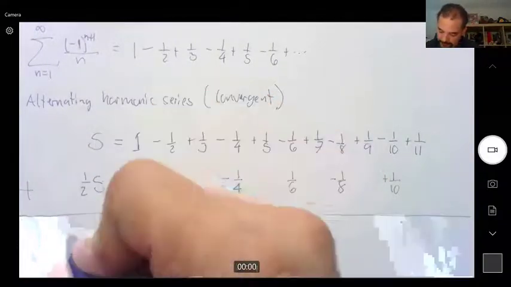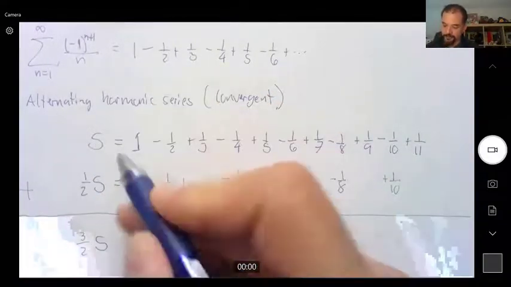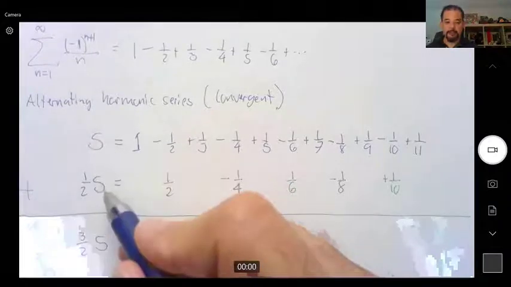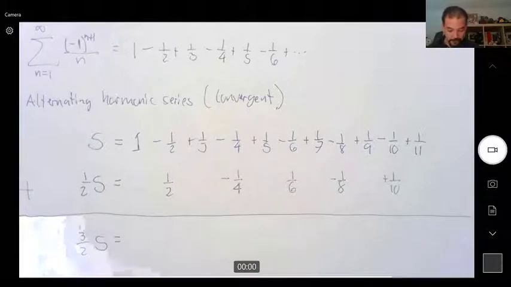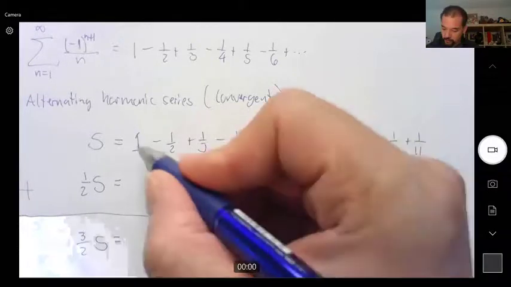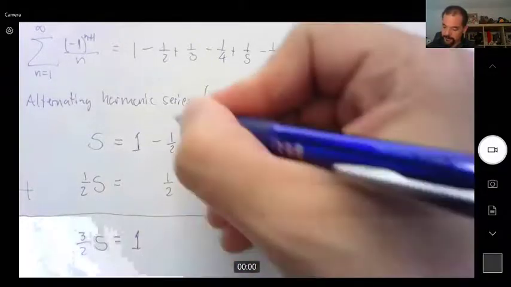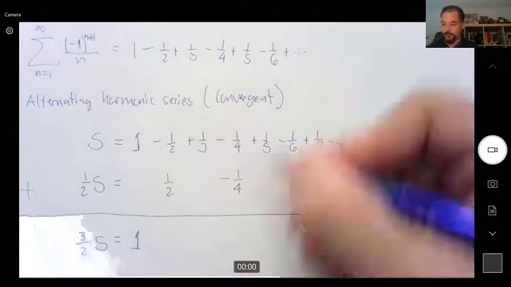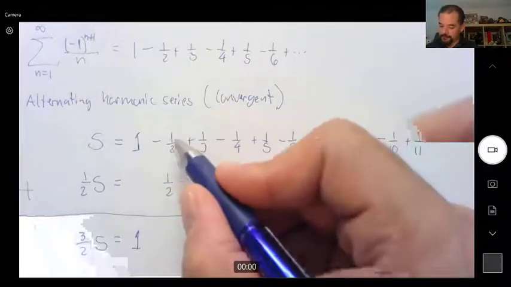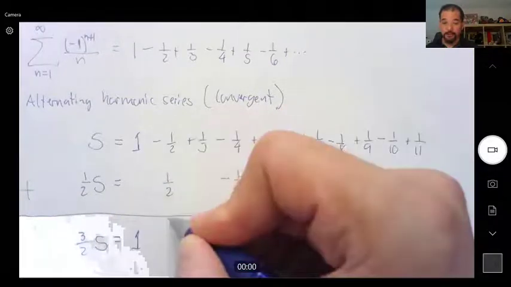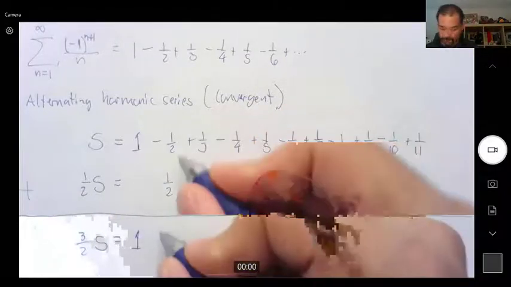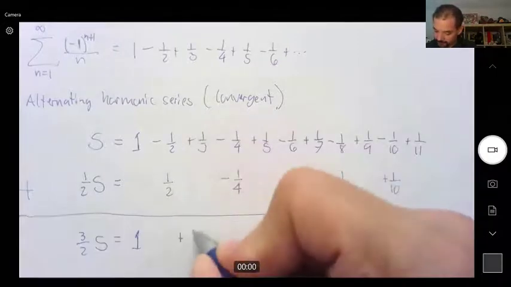We should get 3/2 of S, right? So it's a whole plus 1/2, that's 3/2. And now look at what we're going to get here. This will be 1. Now I'm adding vertically, okay? So what is negative 1/2 plus 1/2? 0, right? So nothing there, so we skip that one. And then I have 1/3.